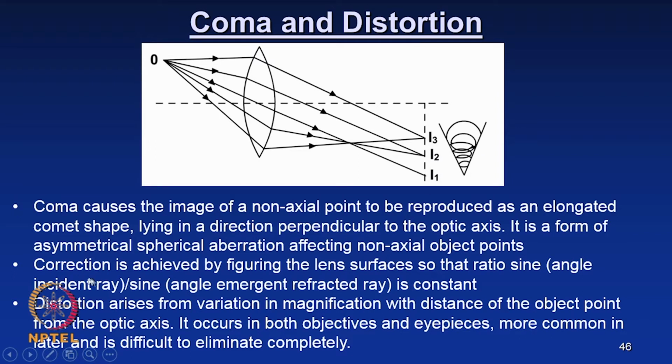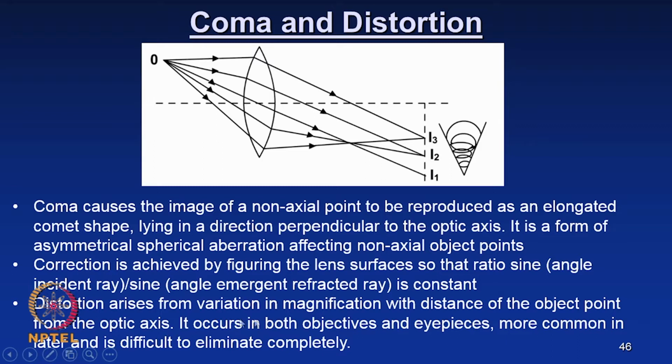Okay. The correction is achieved by figuring the lens surfaces so that the ratio of sine of the angle of incidence divided by sine of the angle of the emergent refracted ray is constant. So, we will discuss this again when we talk about correction of lenses, and the distortion which we have seen in the introductory slide of the lens defects arises because of variation in the magnification with the distance of the object point from the optic axis.